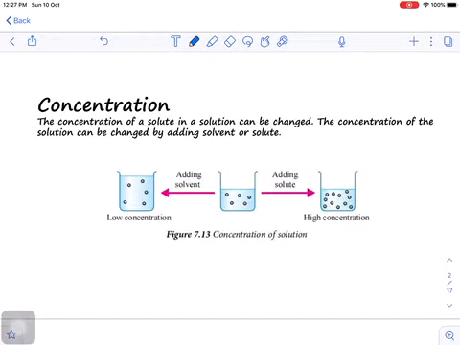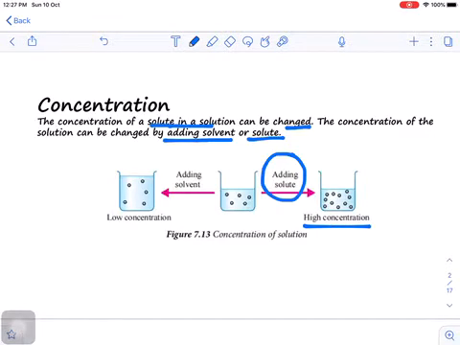The concentration of a solute in a solution can be changed. So, this one boleh diubah kepekatan dia. The concentration of the solution can be changed by adding solvent or solute. If we add solute, bahan terlarut, zat yang kita larutkan, it becomes high concentration.